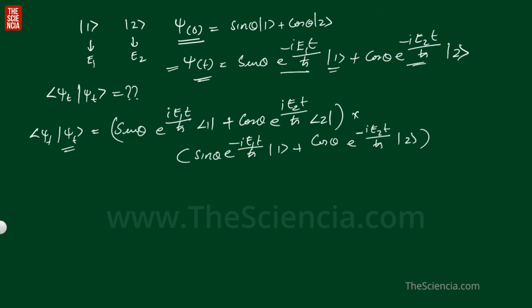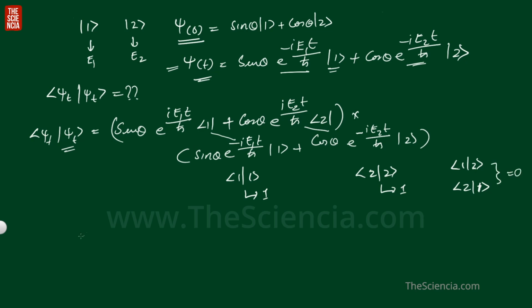Now we have to multiply these terms. When multiplying these two terms, we get a value because bra 1 with ket 1 will give a value 1, and for this term also bra 2 ket 2 will give a value 1. All other terms, that is bra 1 ket 2 and bra 2 ket 1 terms, will be equal to 0.